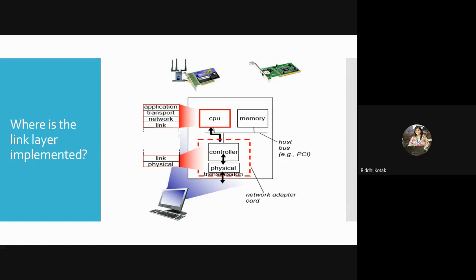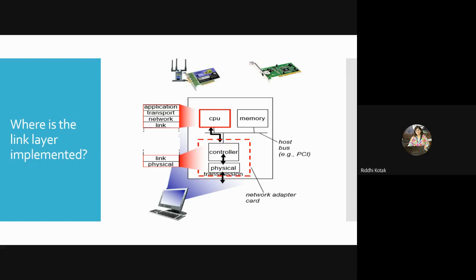Now, what will the control unit do? Some commands pass from the physical layer to the data link layer, and in between, some controlling mechanisms are required. That is handled by the controller. Suppose electrical signals are generated; they have to be passed to the data link layer, and the data link layer has to form the frame.